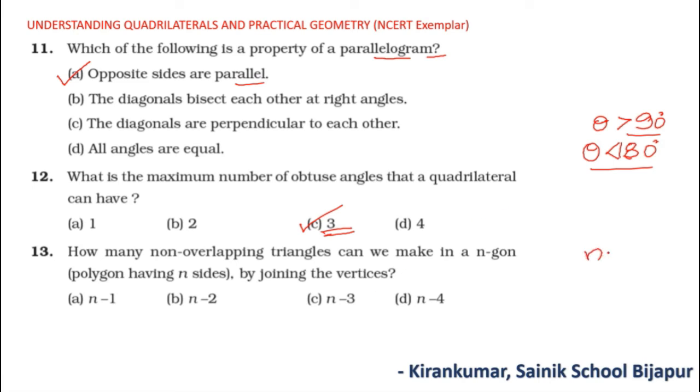So we have the formula (n minus 2) into 180 for the sum of the internal angles. Here this n minus 2 represents how many triangles are possible. So n minus 2 is the right answer.